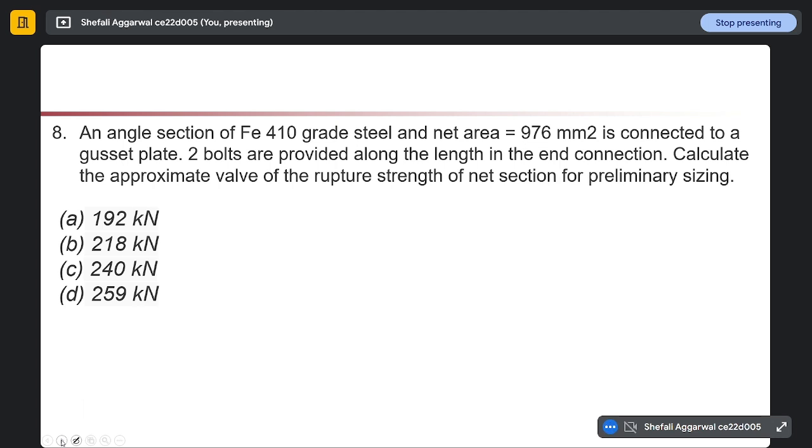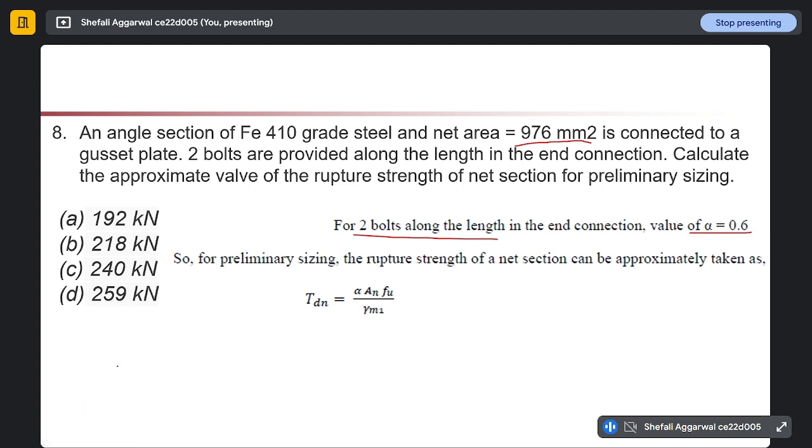An angle section of Fe410 grade steel and net area 976 mm square is connected to a gusset plate. 2 bolts are provided along the length in the end connection. Calculate the approximate value of the rupture strength of net section for Tension. So what is given to us? For 2 bolts, our alpha value will be 0.6.